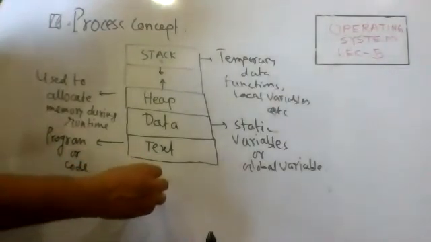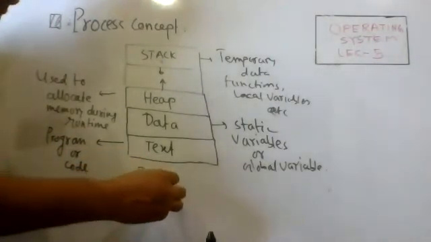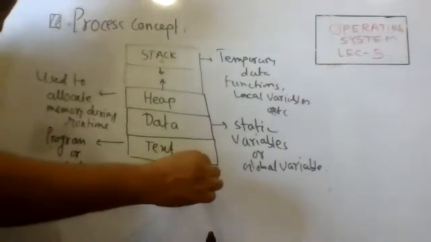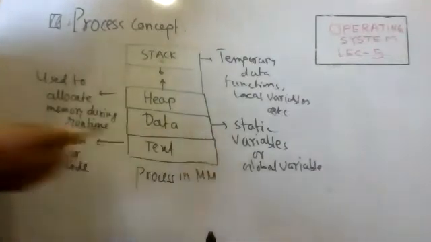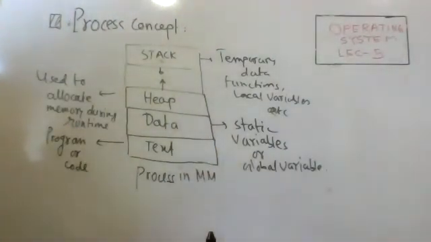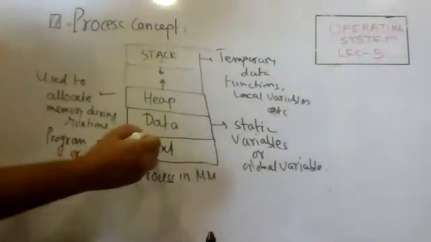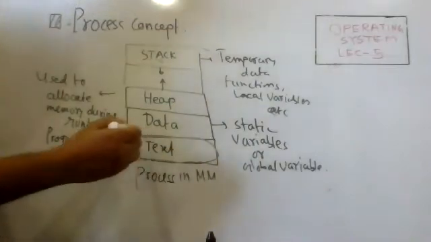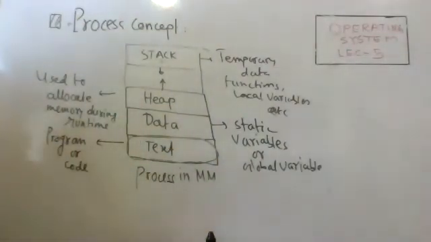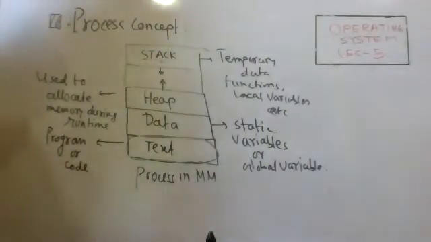So this whole thing is called a process, but this part is only called the program. So we can say that a program is nothing but a part of a process.